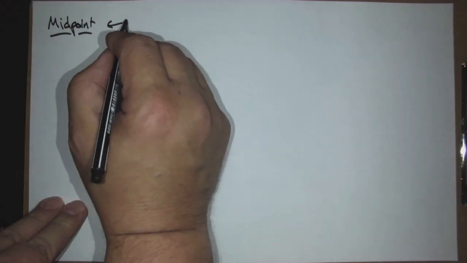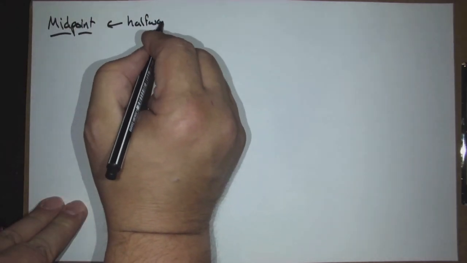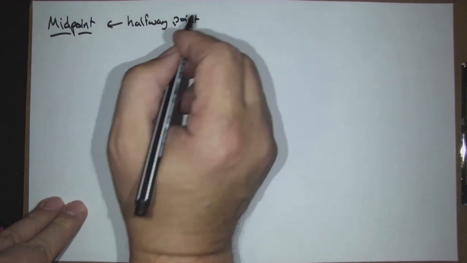So there is another thing that we need to talk about, which is the notion of a midpoint. So what's a midpoint? Well, you hear it, and you say, oh, I know what a midpoint is. A midpoint is a halfway point. It's halfway in between 2 points.